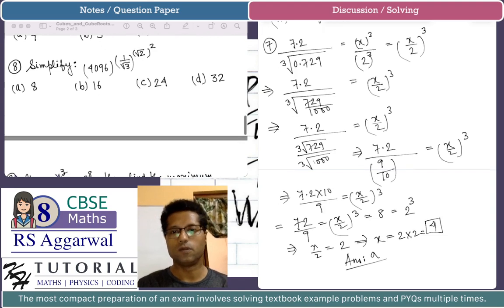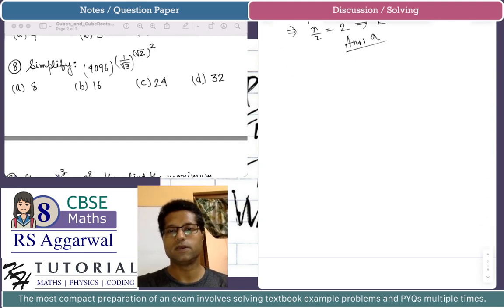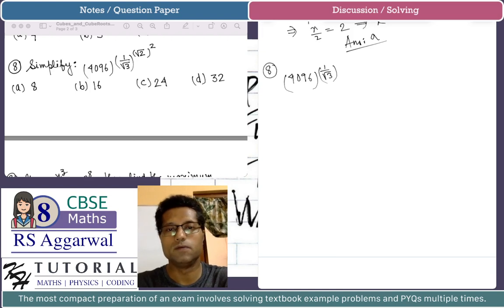Let's do problem number 8, which is a simplification problem. Problem number 8, we have 4096 raised to the power 1 by root 3, which is raised to the power square root 2.